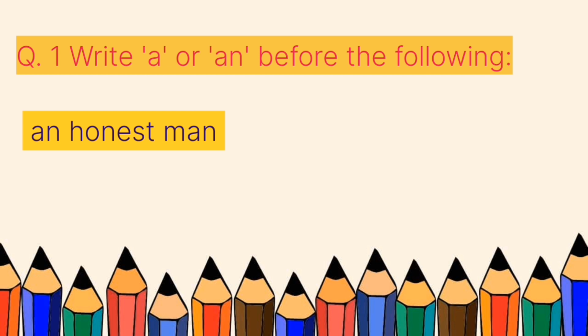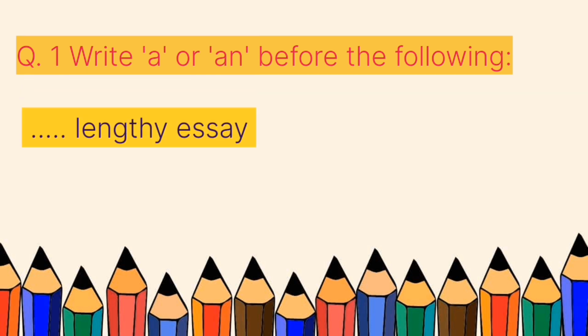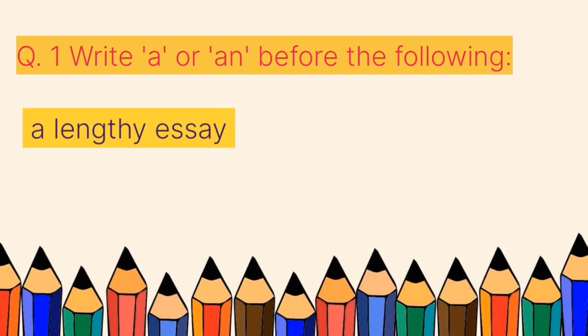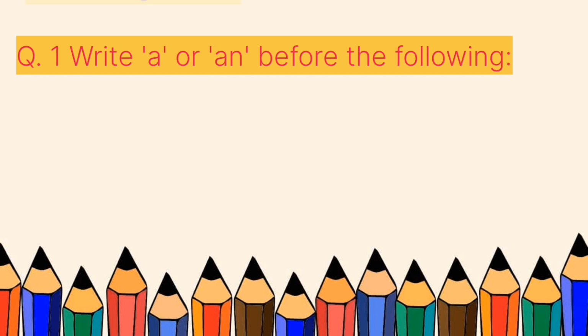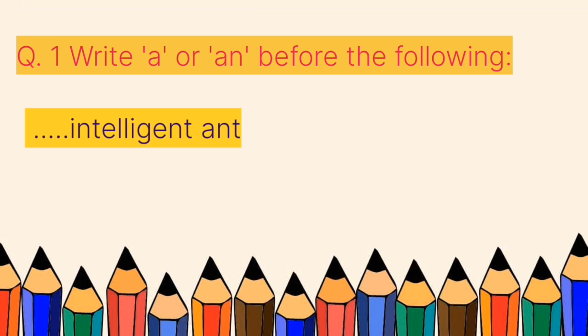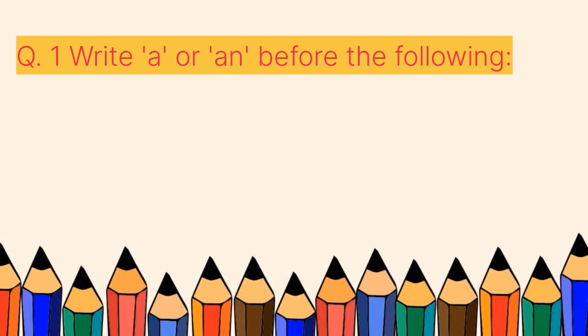Next, dash lengthy essay. The answer is a lengthy essay. The word starts with the consonant sound L. Lengthy essay is a non-specific singular countable noun, so article a is used. Next, dash intelligent ant. The answer is an intelligent ant.